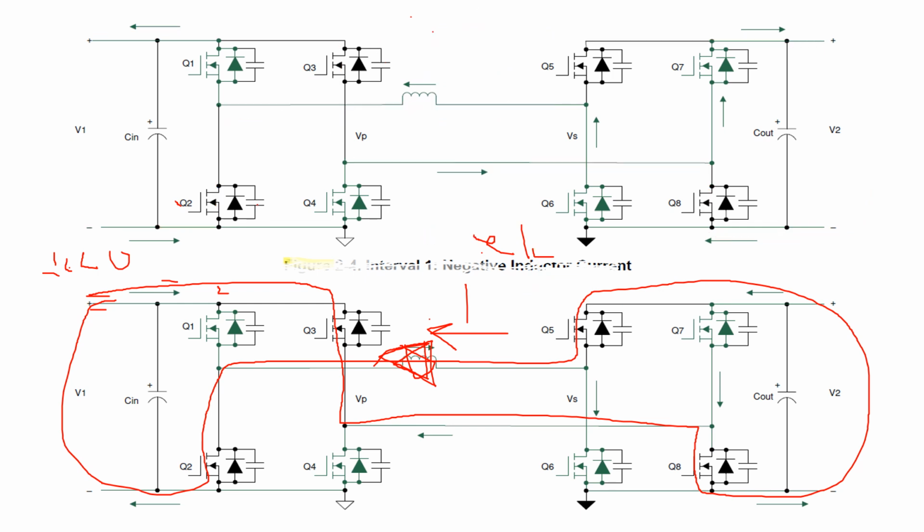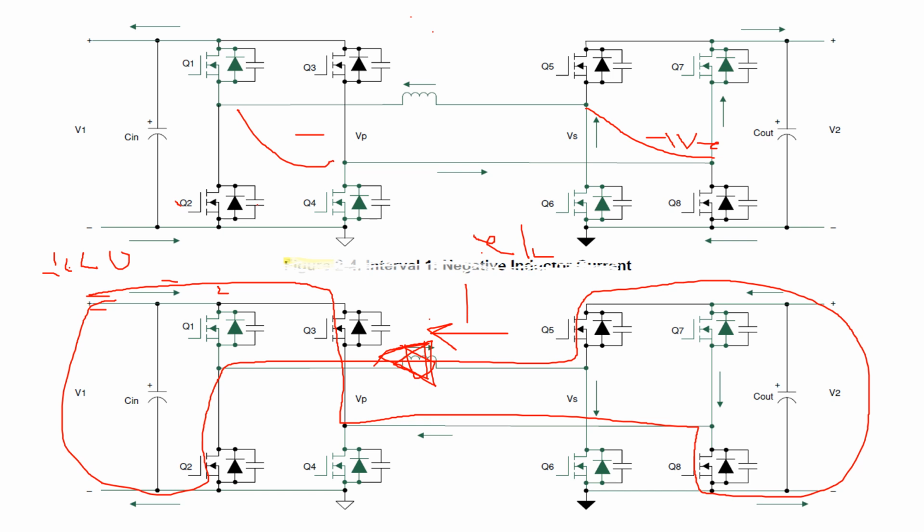The last one is the fourth interval, where the inductor current continues to be negative. During this interval, the voltage across the primary is negative V1, and the voltage across the secondary is also negative. The difference in this voltage, which is negative V1 plus V2, appears across the inductor.